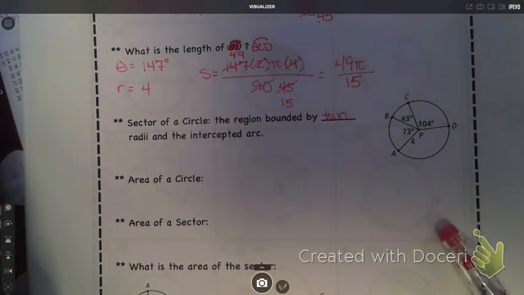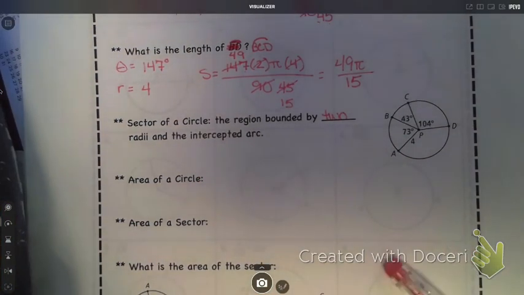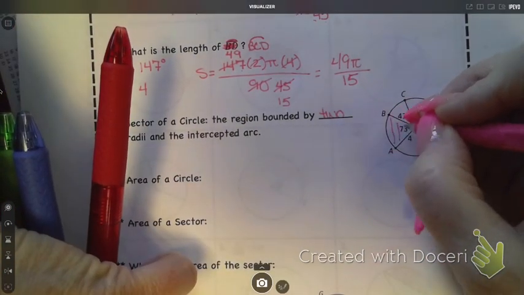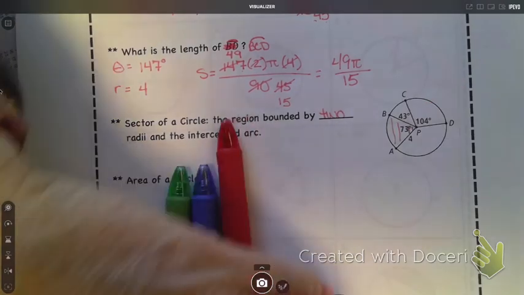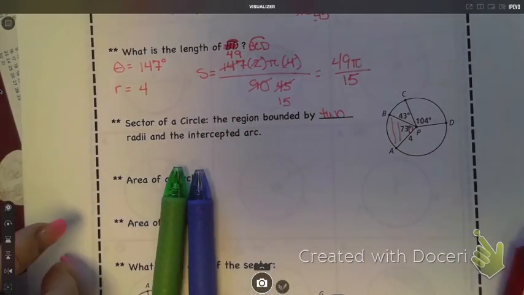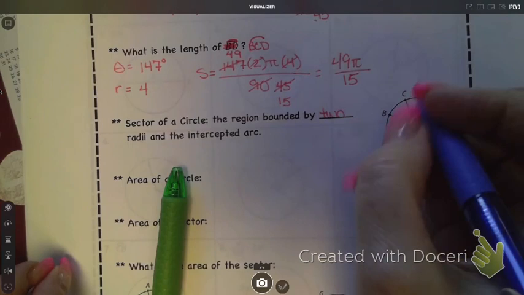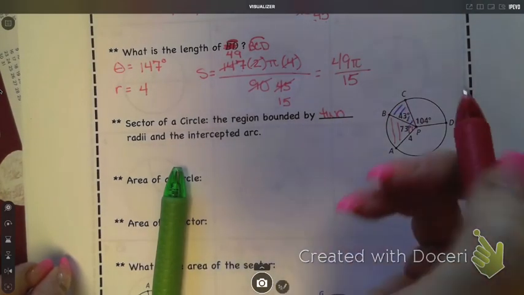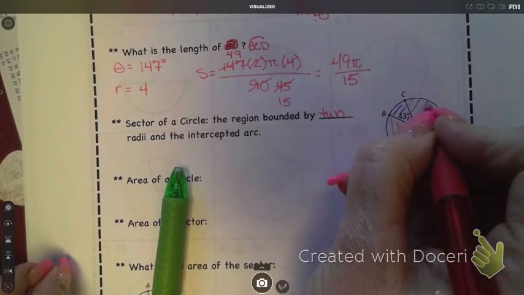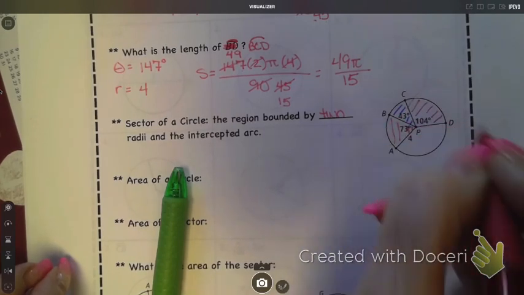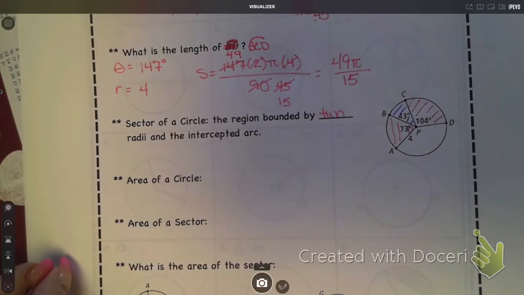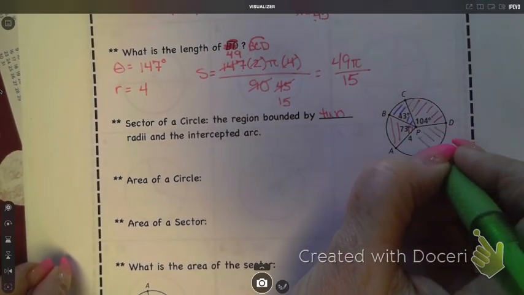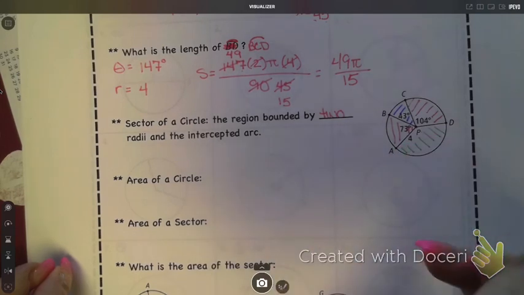So what it is, a sector is here, here, here, and here. So this circle is divided up into 4 sectors.